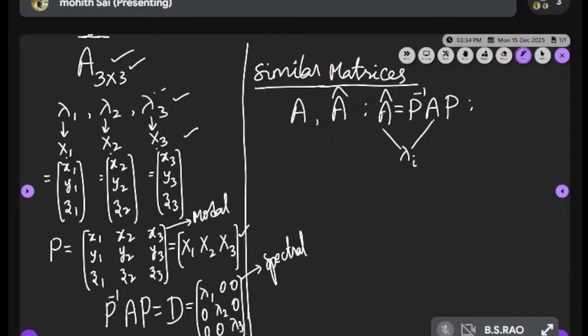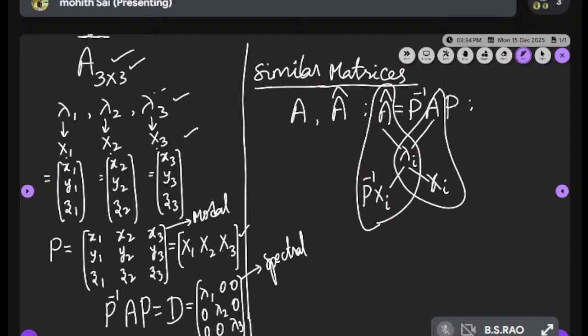But corresponding to the same eigenvalue lambda i, if xi is an eigenvector for A, then for A cap, P inverse xi is the eigenvector.